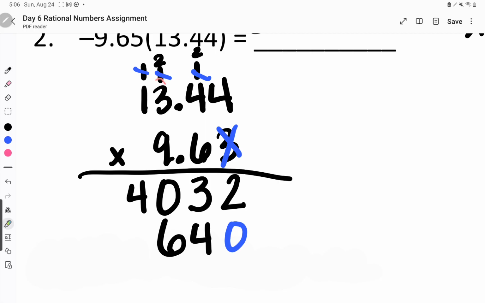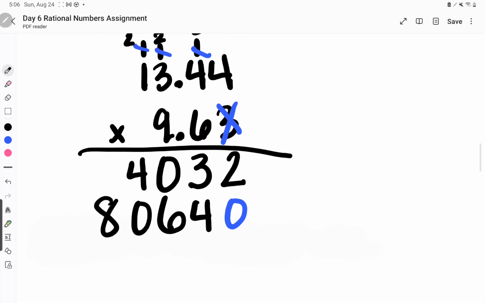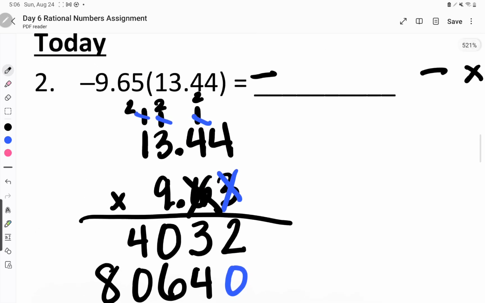I have 6 times 3. 6 times 3 is 18. Plus 2 gives me 20. So I write down a 0 and carry my 2. Then I have 6 times 1. 6 times 1 is 6, and plus 2 is 8. Now I finished with my 6, so I finished with this, this, and this.